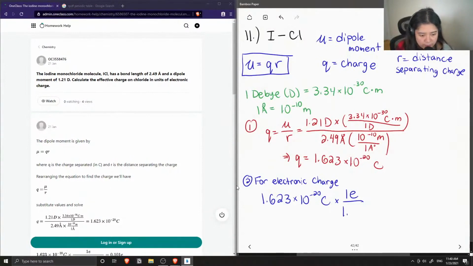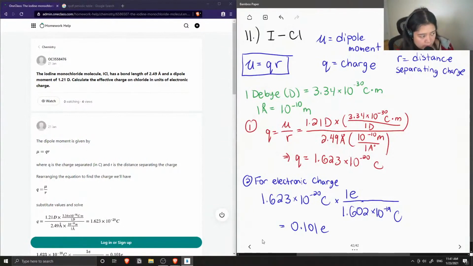So 1 e is equal to 1.602 times 10 to the negative 19 coulombs. And you end up with 0.101 e. So this is our effective charge on the chlorine.